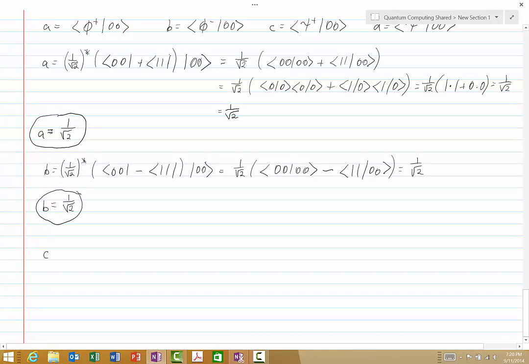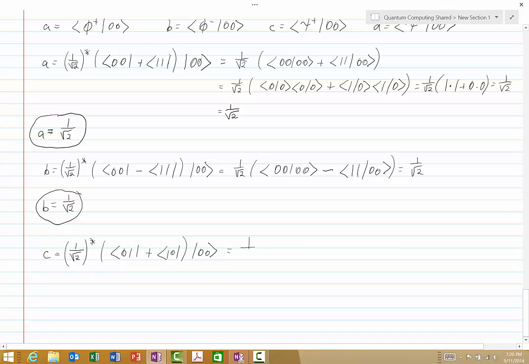And now for C, C is equal to the complex conjugate of 1 over square root of 2 times 0, 1 plus 1, 0, and then 0, 0 on the right.